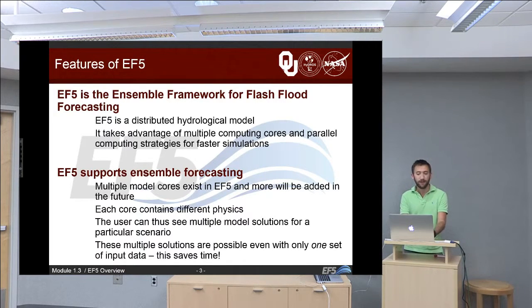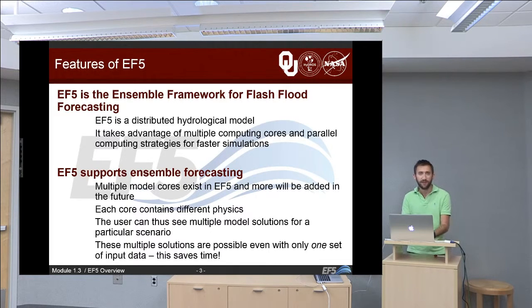EF5, as the name implies, supports ensemble forecasting. So there are multiple model cores that currently exist in EF5, and more are consistently being added to the program. Each core contains slightly different physics, so it models different processes inherent in hydrology in slightly different ways, and that results in different scenarios or different solutions for a particular set of input data.